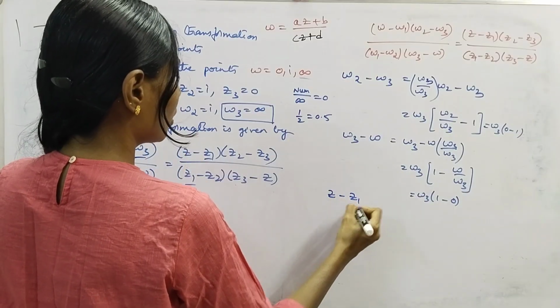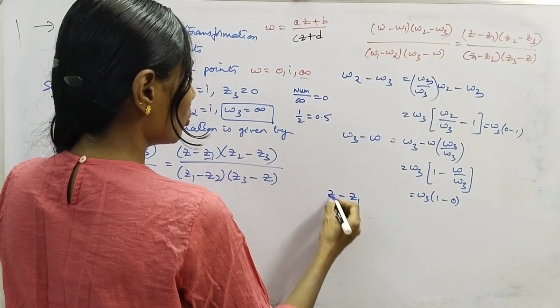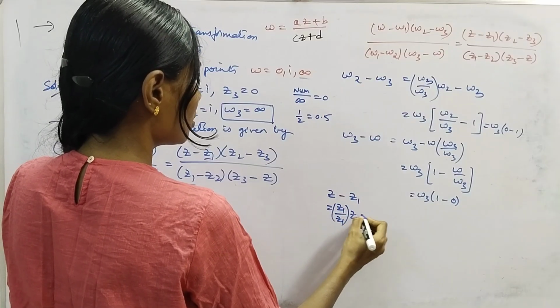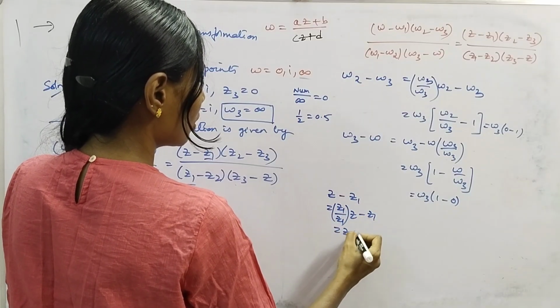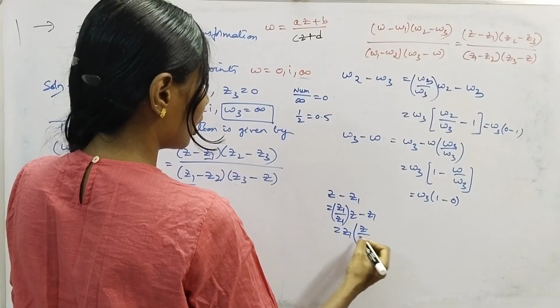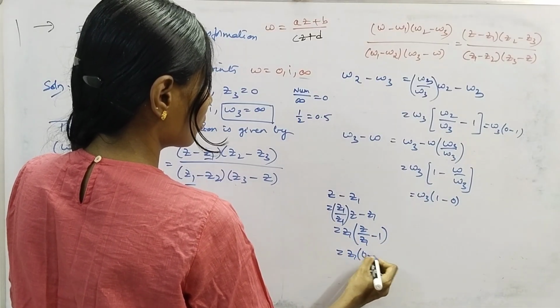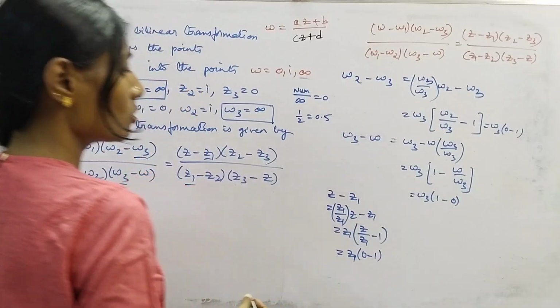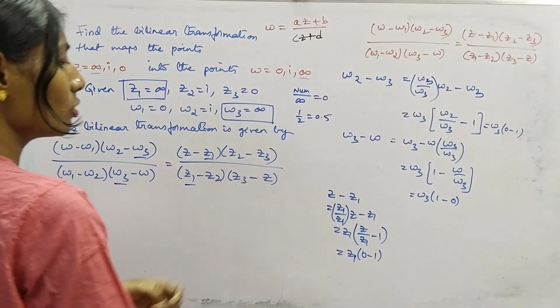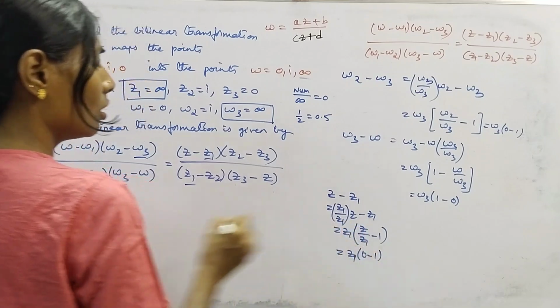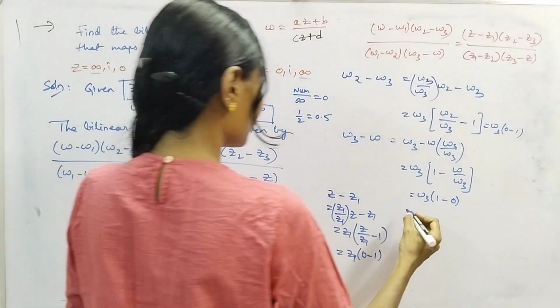Z minus Z1. Z1 is infinity and we don't have any Z1 in the first term, so multiply and divide Z1 to it. Now take Z1 common from both the terms, we'll get Z1 times Z by Z1 minus 1. This gives us Z1 times 0 minus 1, since Z by Z1 is 0 because Z1 is infinity, a number by infinity is 0, right?